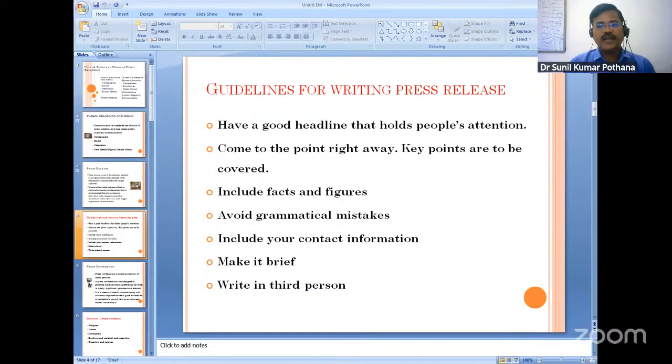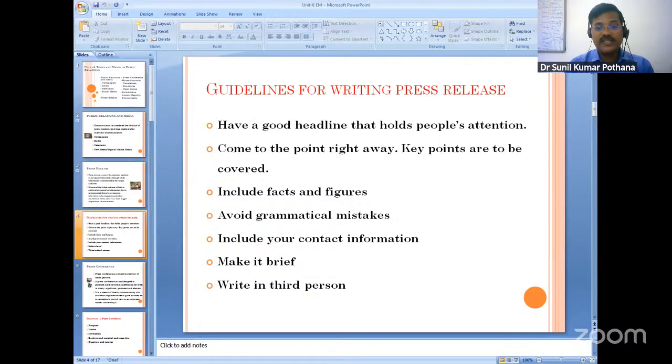Include your contact information in case the public, or here the media personnel, have any doubt. We release newsletters, brochures, and in-house journals that go to the public of that organization.